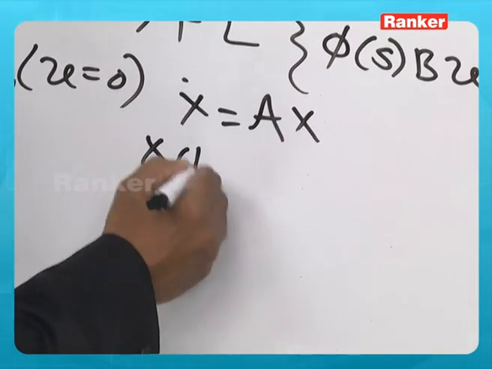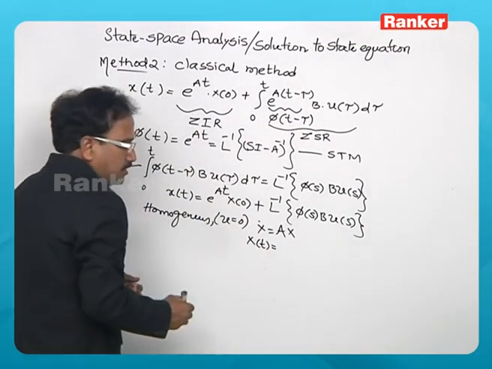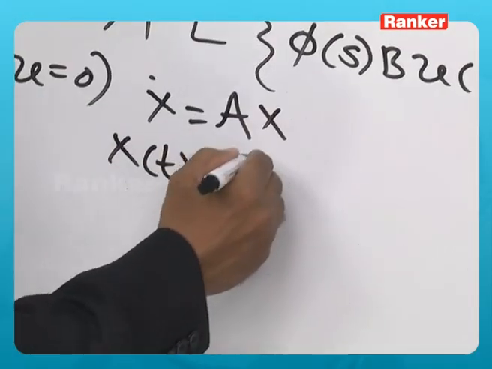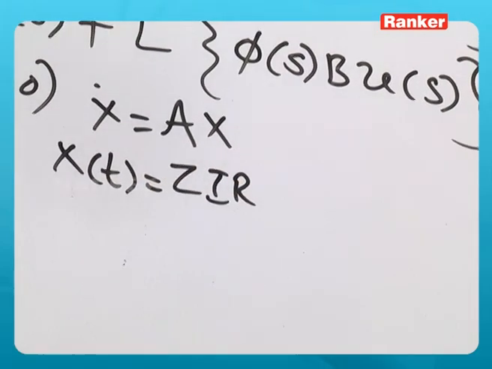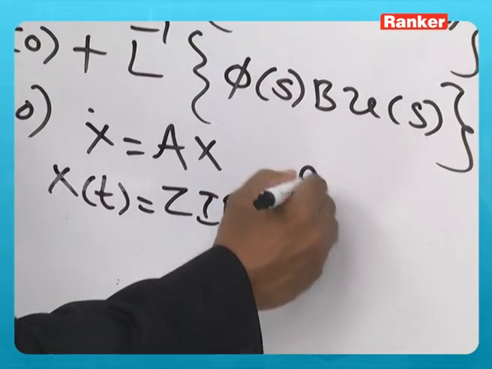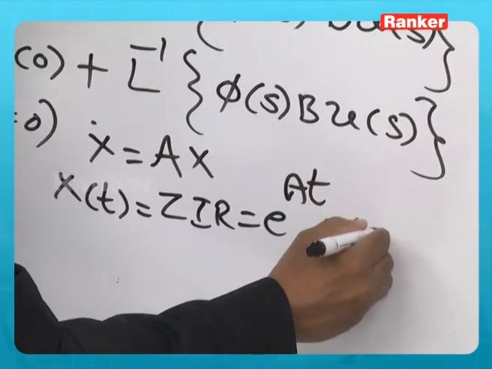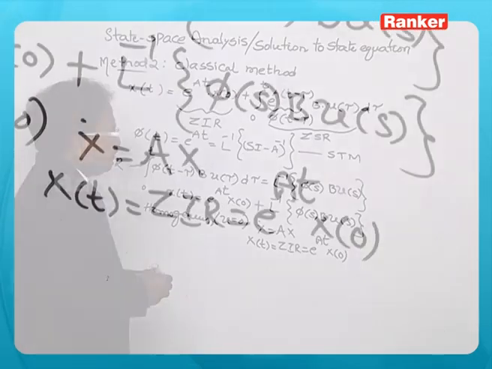So for this, the solution x of t, which is only the zero initial response, is nothing but e power A t into x of 0.